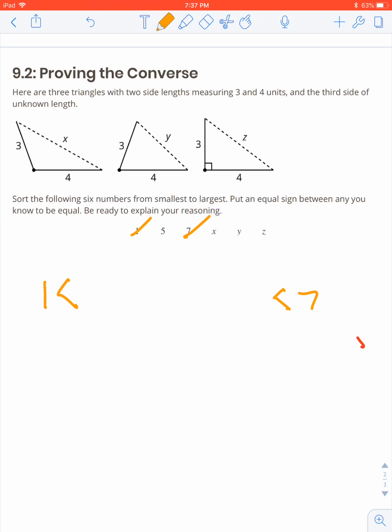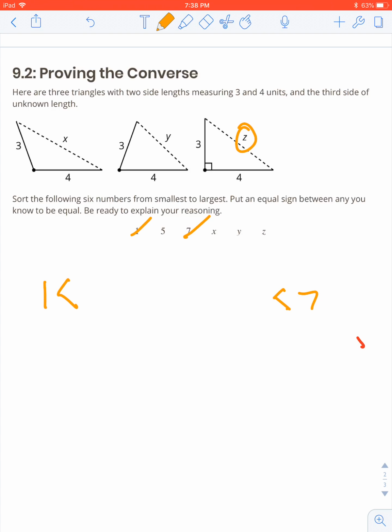Now, I want you to focus on this particular one here. Why do you think I had you focus on this particular triangle? Hopefully because you notice that it's a right triangle, and since it's a right triangle, you can figure out what the missing side is going to be, z.